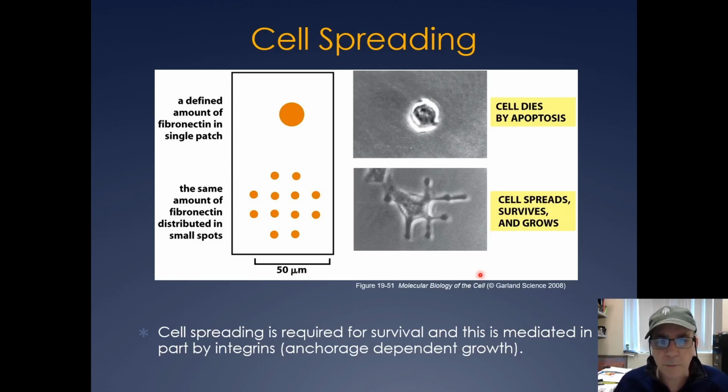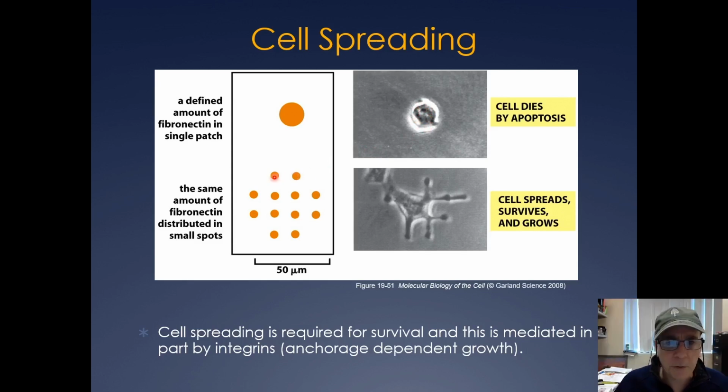They're also really important in cell spreading, and we saw that with the lamellipodia formation. But if you just put a little defined patch of fibronectin on a slide and you put a cell there, the cell's going to die of apoptosis. It really wants to grow and spread.